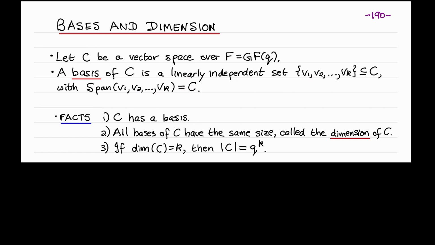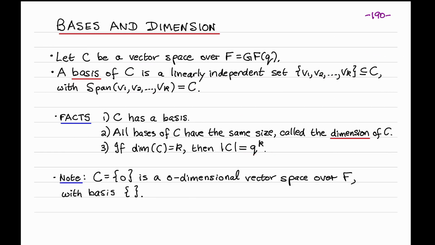All bases of C have the same size, which is called the dimension of the vector space. If C has dimension k, then the size of the vector space is q to the k. I'll remark that the set C consisting of just the zero vector is a zero-dimensional vector space over F. My convention is that its basis is the empty set.